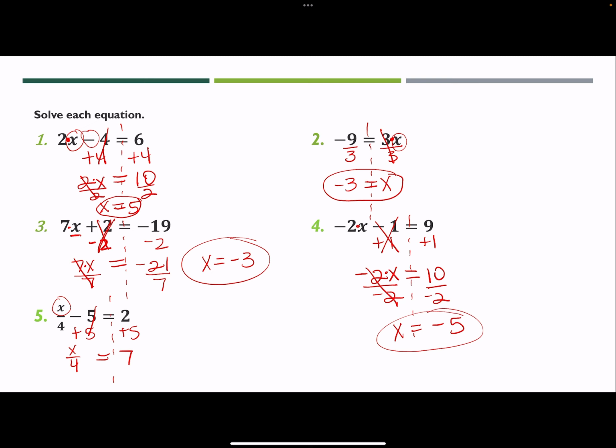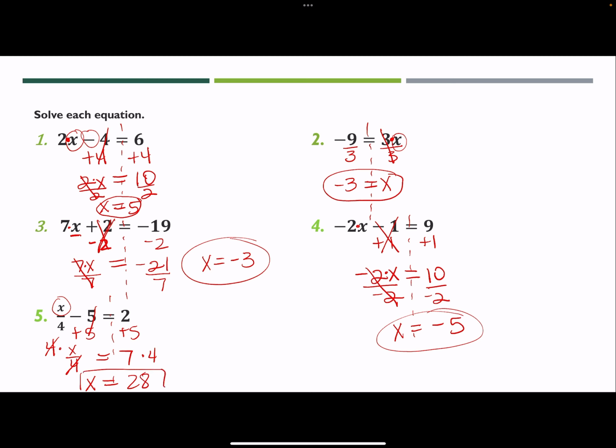So remember, x over 4 means x divided by 4. What operation undoes division? Multiplication, right? So we're going to multiply by 4. Multiplying by 4 and dividing by 4 cancel each other out, but then I have to multiply by 4 on the other side. So if I use my calculator, 7 times 4 is 28.